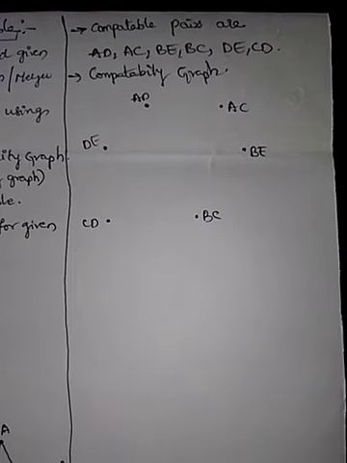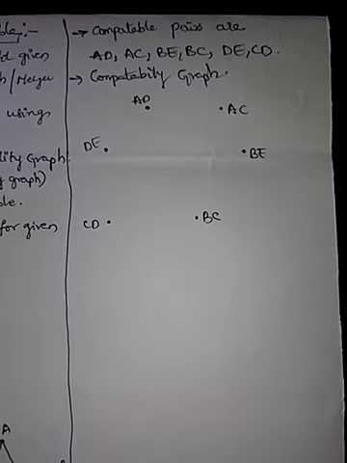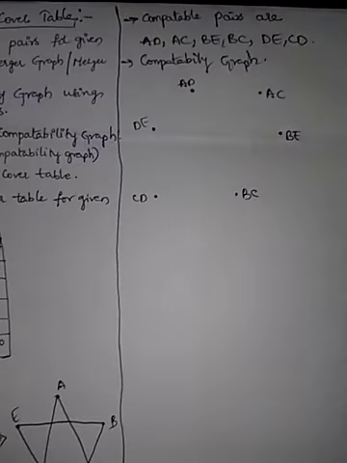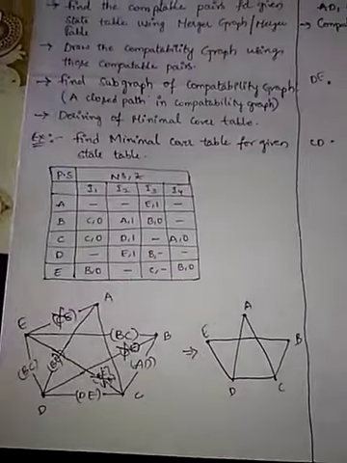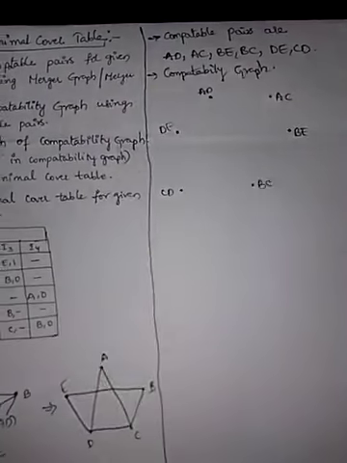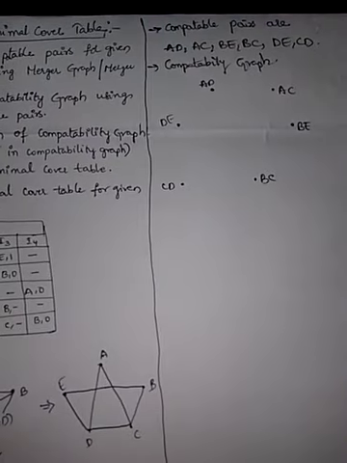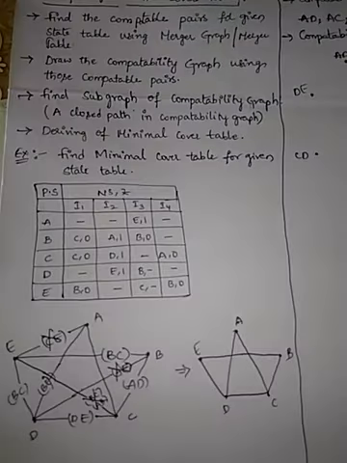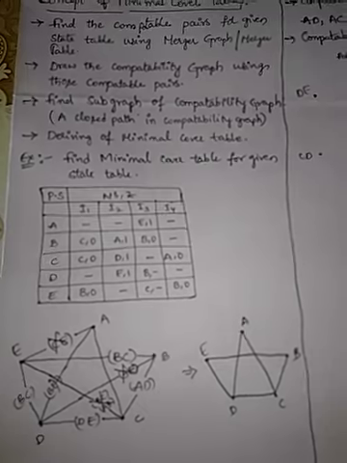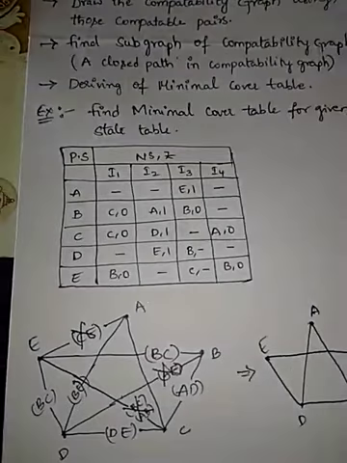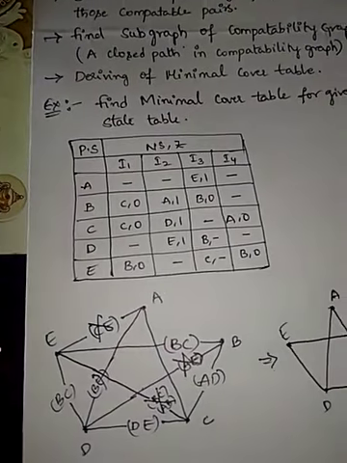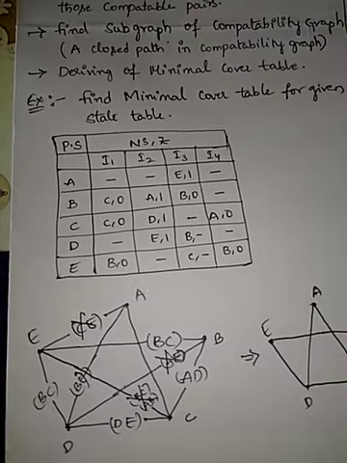See very carefully. Suppose we are discussing AD, the first pair. If you see the line between A comma D in the graph, what is the condition?